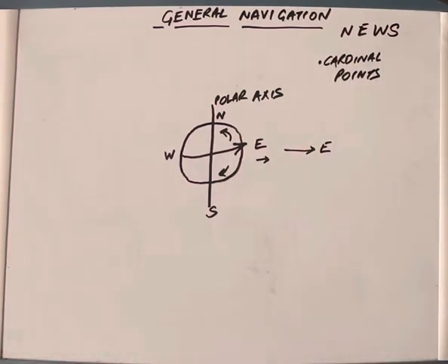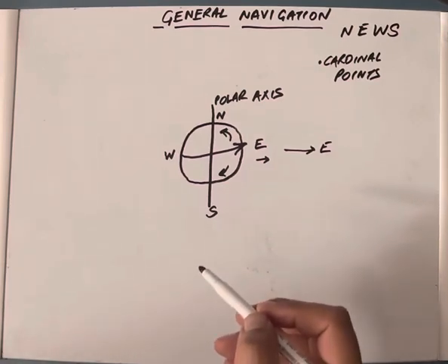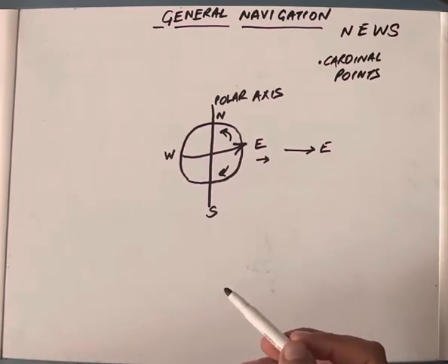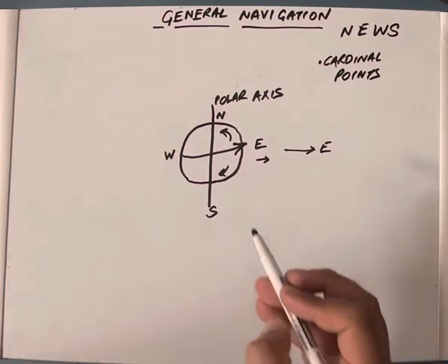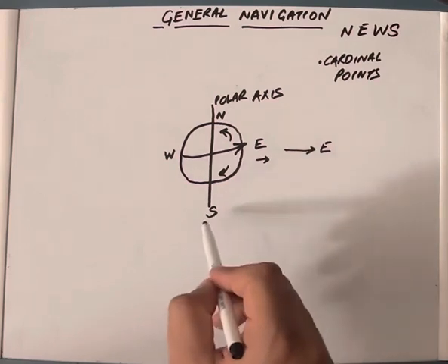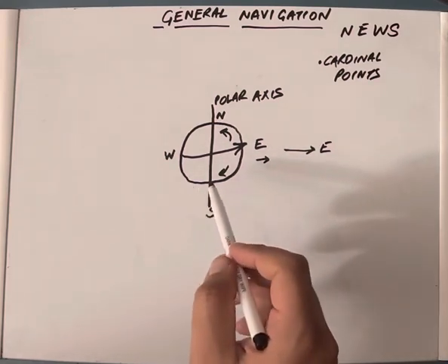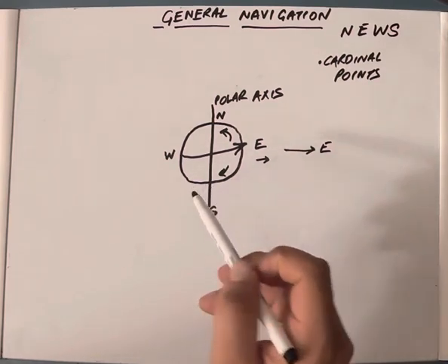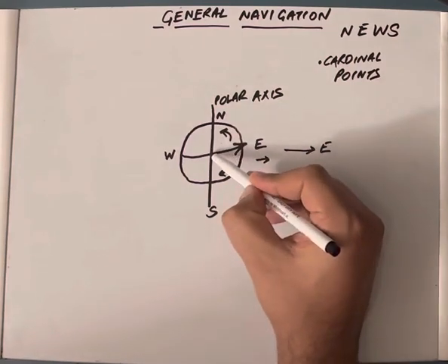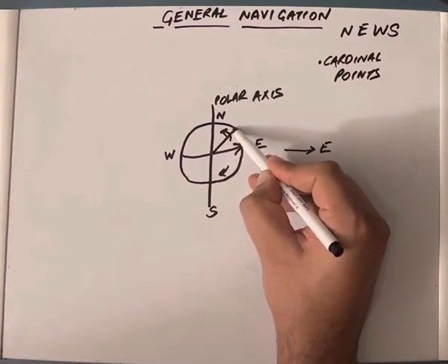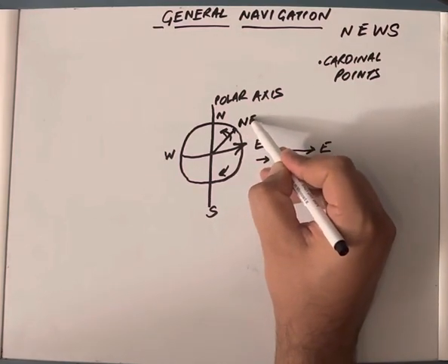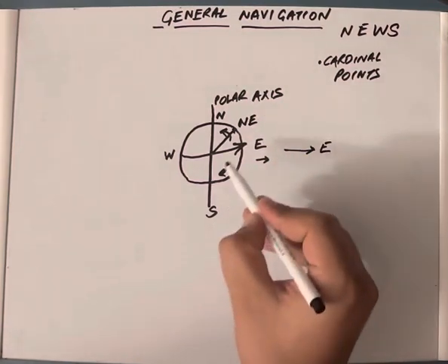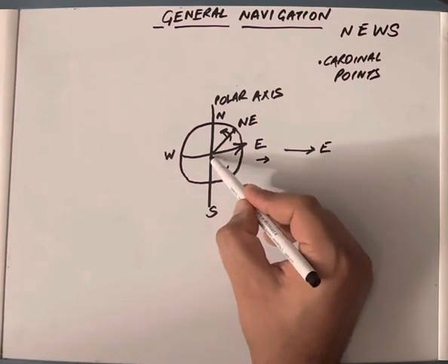For a very long time in history, we were navigating across the globe using ships, but nowadays we are doing it using aircraft, and more precision is required. So these four cardinal points were not sufficient to specify the directions. Between north and east at 45 degrees, we name a direction called northeast.